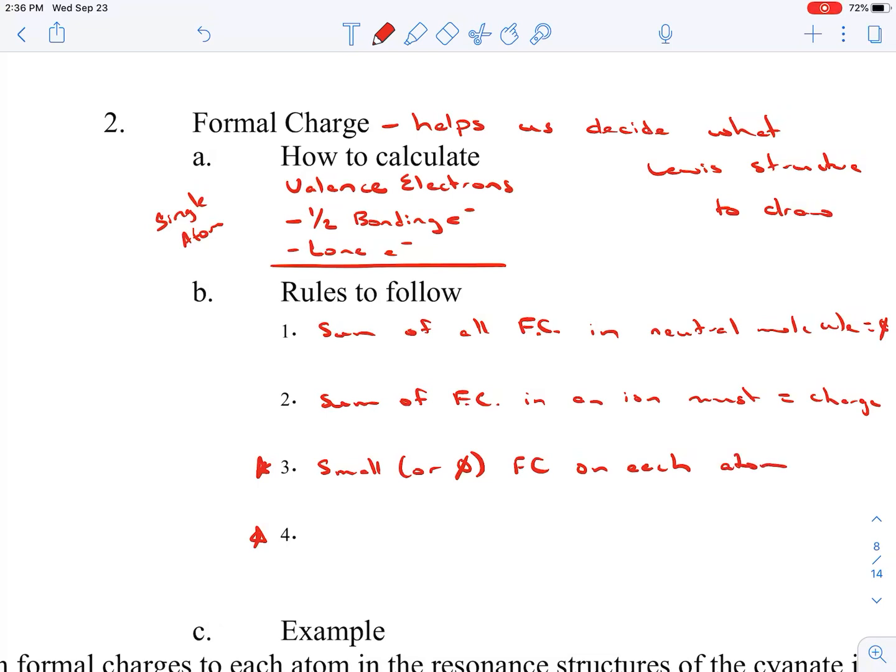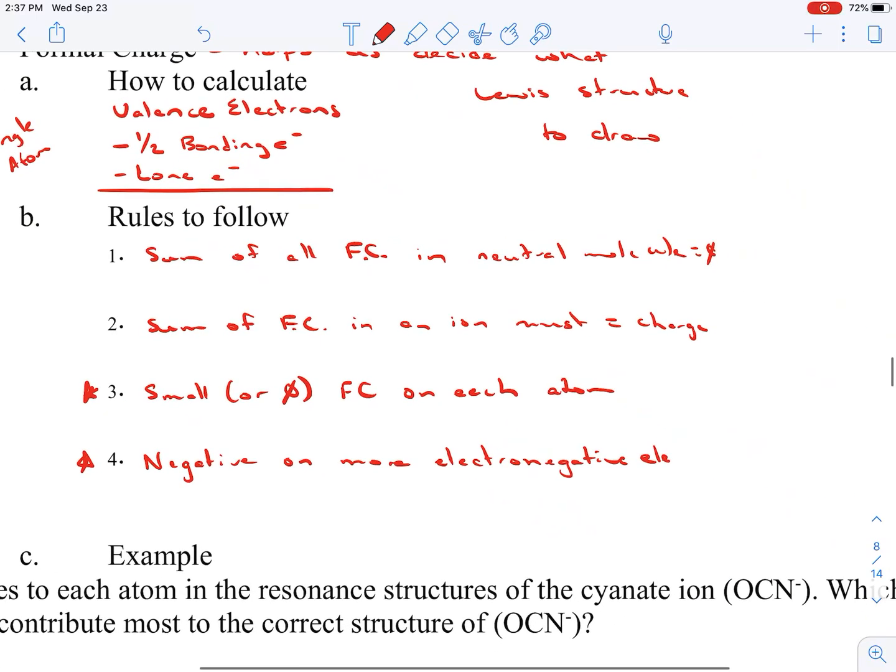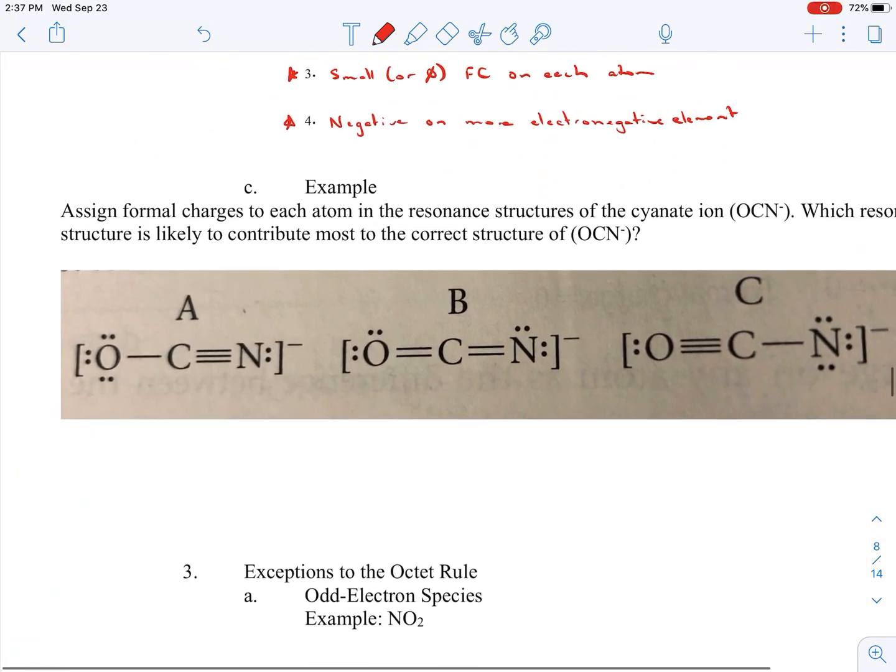Then if we do have to have a formal charge, like we can't have a 0, we want the negative on the more electronegative element. So our goal is, for the most part, to get low formal charges on each atom. And the more electronegative element is the one that gets the negative if we have to have it. So let's take a little peek here.